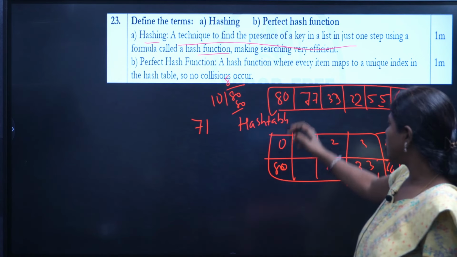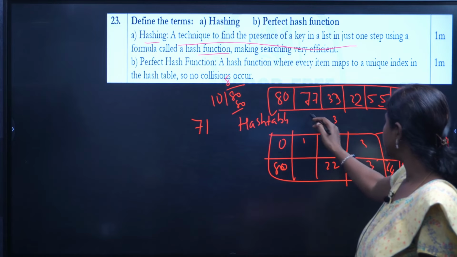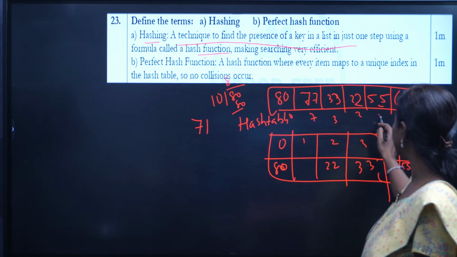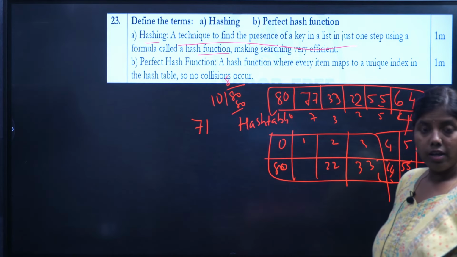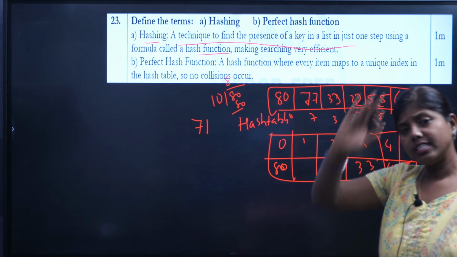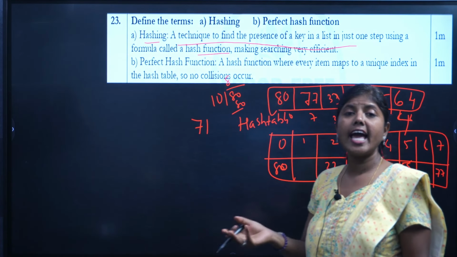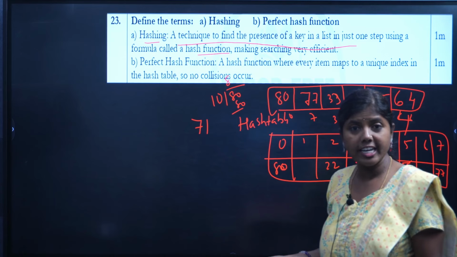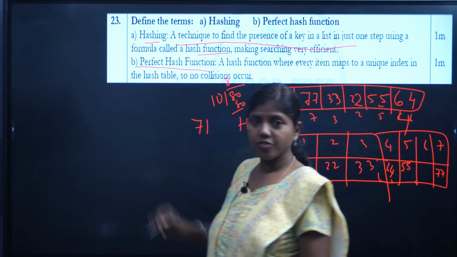I'm writing the indexes: this is 0, this is 7, this is 3, this is 5, and this is going to be 4. Each and every element is getting some different unique hash index. That's why we call such a function a perfect hash function.